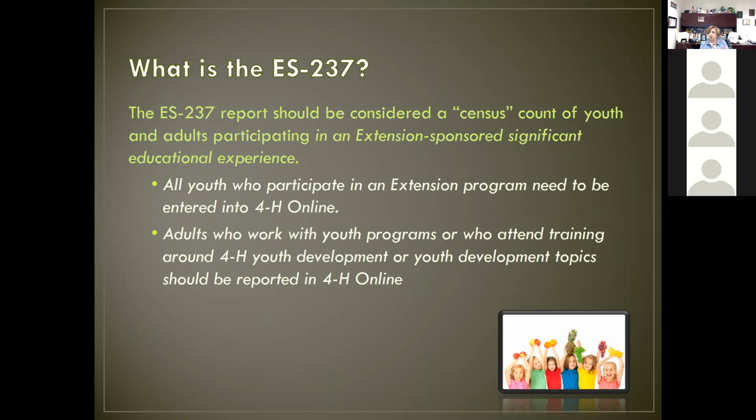I'm trying to think of some of our programs that aren't necessarily labeled 4-H, but are youth programs. And that is any youth that is 5 to 19 within our age range. Any adults who work with those youth programs or who attend trainings around youth development topics should be reported in 4-H Online.